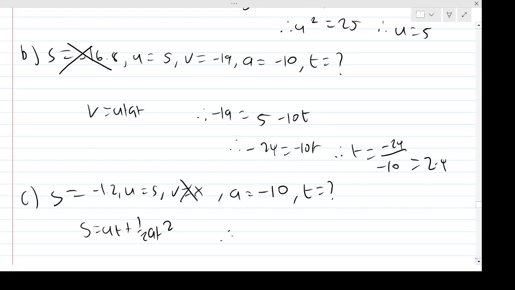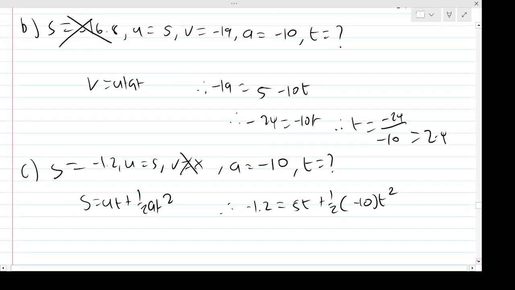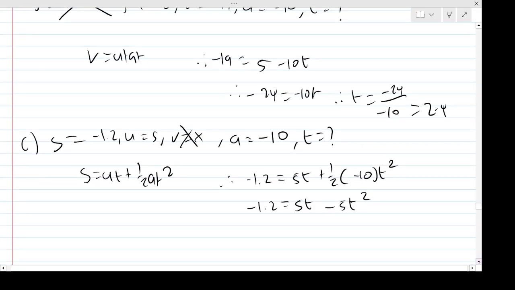Therefore, minus 1.2 is 5t plus a half lots of minus 10t squared. If I simplify, I get 5t minus 5t squared. Moving everything to one side, I get 5t squared minus 5t minus 1.2 equals 0.